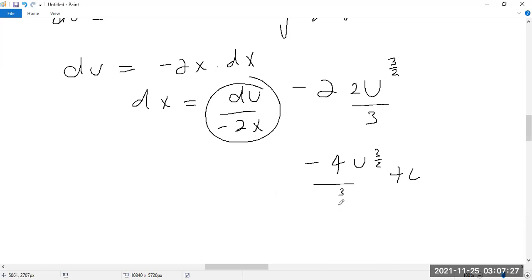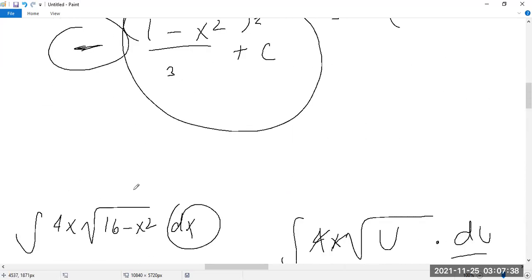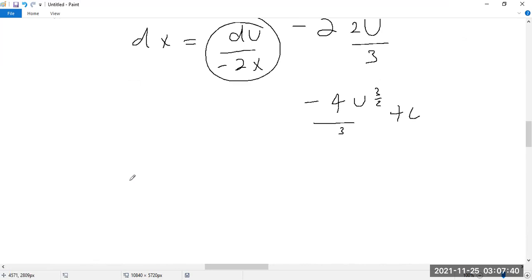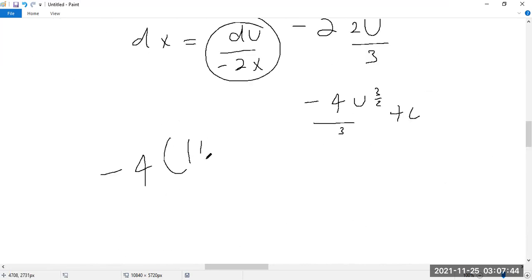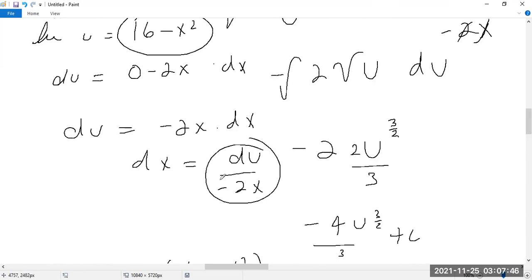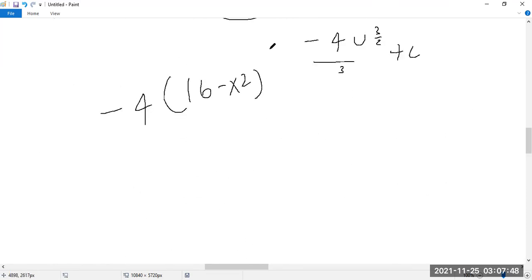And that would essentially be, taking this, negative 4 times (16 minus x squared) to the 3/2 over 3 plus c.